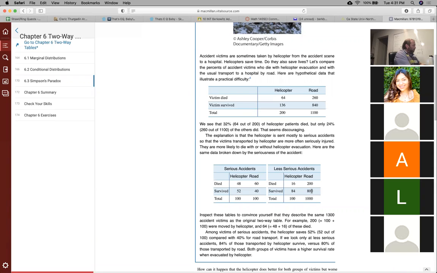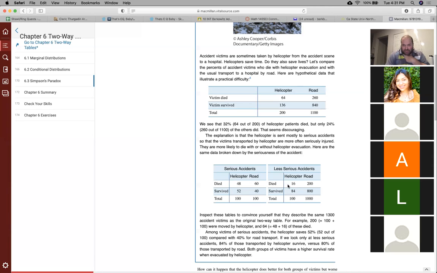Oh, wait, no, my bad. The percent, oh yeah, 80%, right? 800 over 1,000 is 80%, right? Correct. Very straightforward. And what percent survived that went by helicopter? 84. 84%, right?